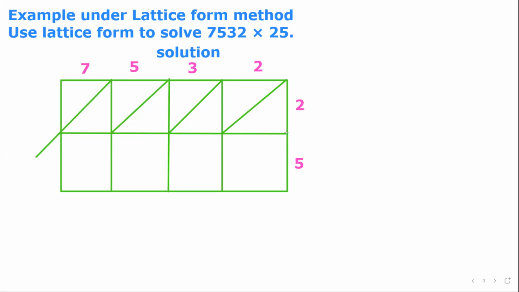Then you divide these two boxes into two. Then you extend it out because it is the last. Then you divide this box into two. Then you extend it out. Okay.